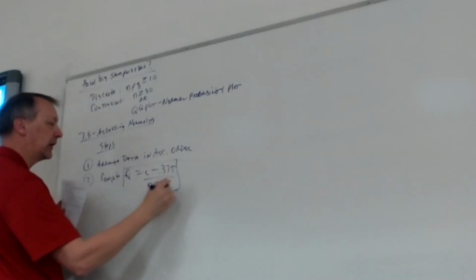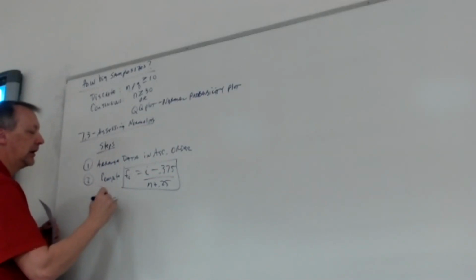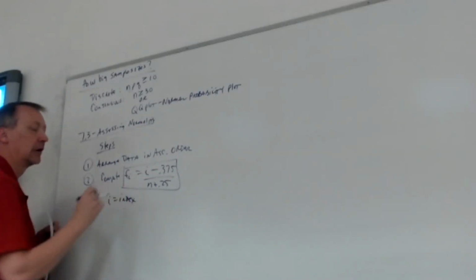Okay, that's the formula that for whatever reason they left off your formula sheet. I'm going to ask you to memorize it. I will try to get it to you, but sometimes I forget. Okay? So i equals your index.